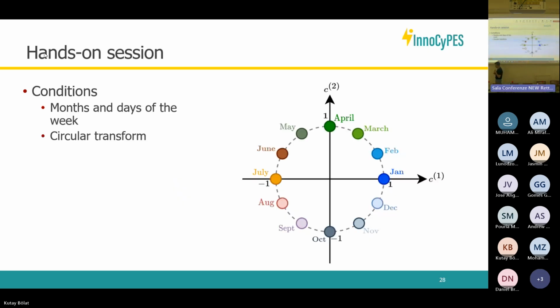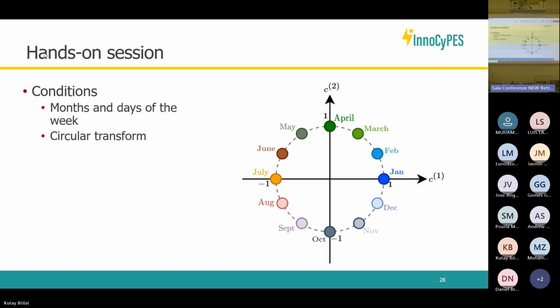Okay. What about the conditions? We use basic conditions such as months and days of the week, like Sunday, Monday, Tuesday, etc. These are categorical variables, but at the same time, they have some information, right? However I act in June, it's probably very similar in July, right?